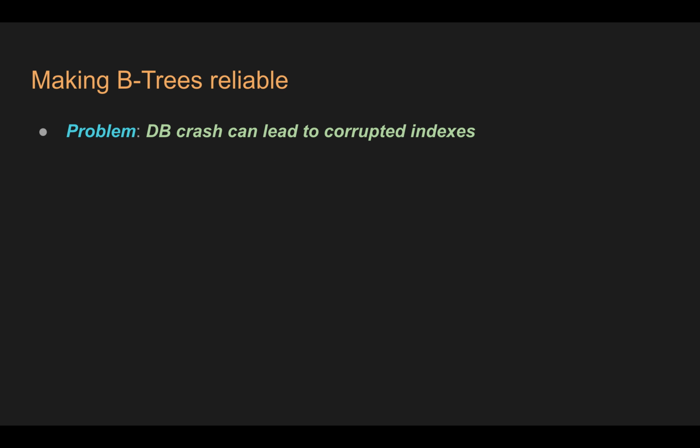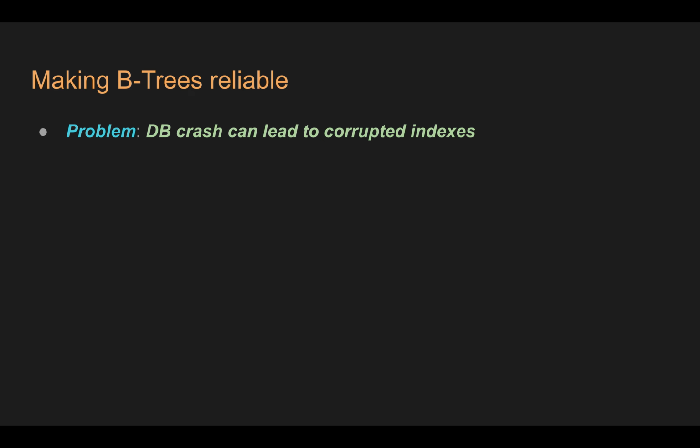Now DB crashes can lead to corrupted indexes, and this problem is more frequent in case of B trees. This is because there are a lot of writes happening all the time on the disk in case of B trees. As we saw, in case of an insert or even an update, when a B tree page becomes full, there are multiple writes happening to both the parent and also the child pages on the disk.